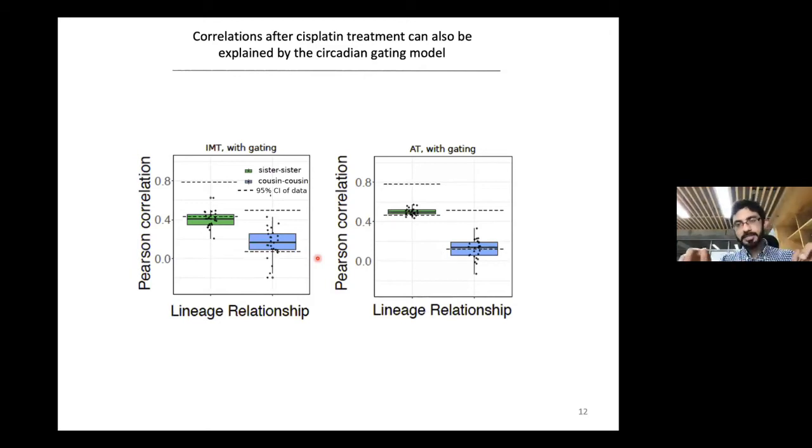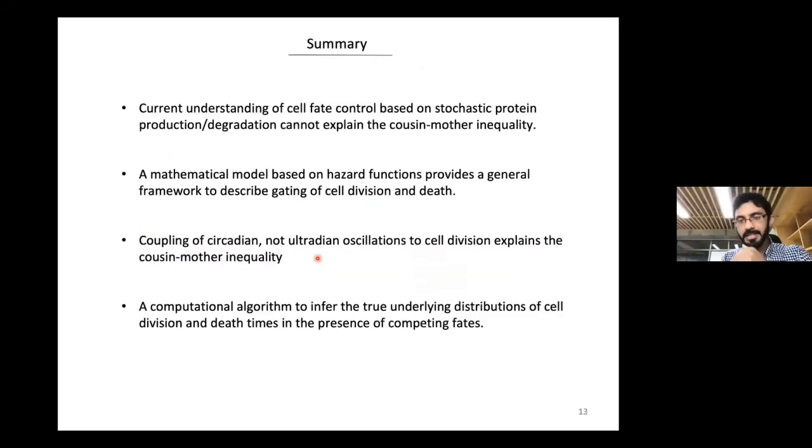With these 2 different systems, we are now looking at the correlations in the cell cycle times observed in the real data and trying to understand whether the circadian clock does indeed affect the cell cycle speed.